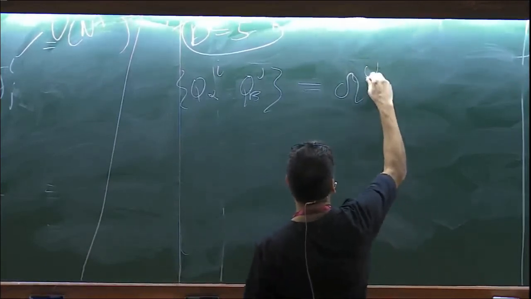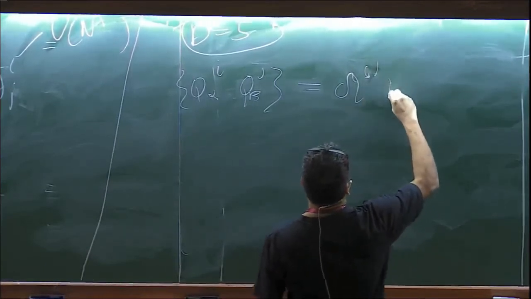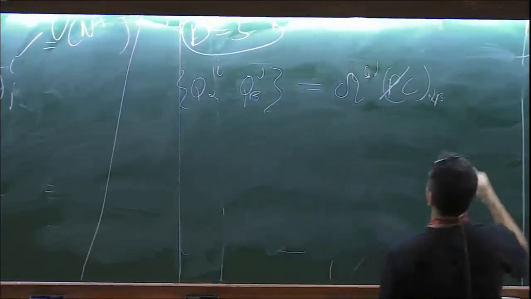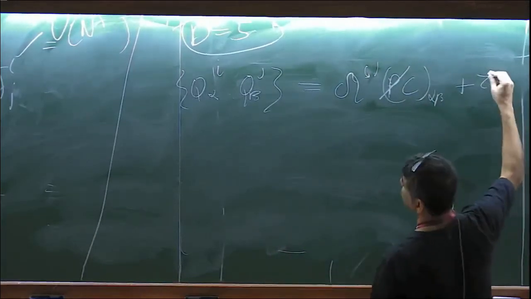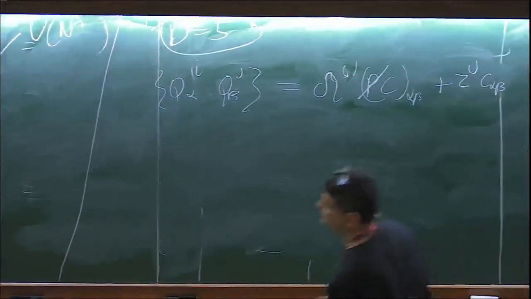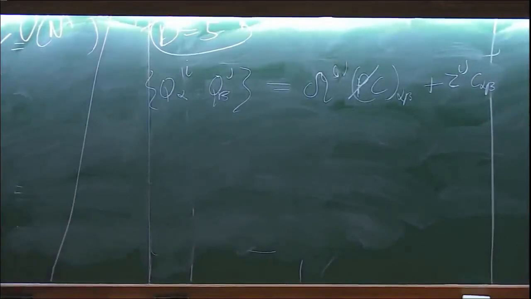Omega ij p slash C alpha beta plus Z ij C alpha beta, where omega was the matrix that imposed the reality condition. Is this clear?